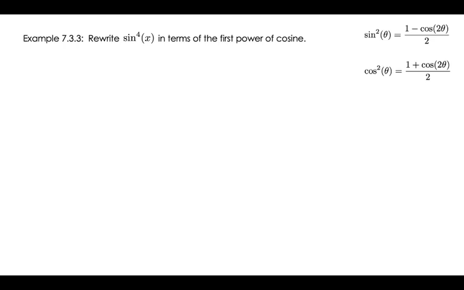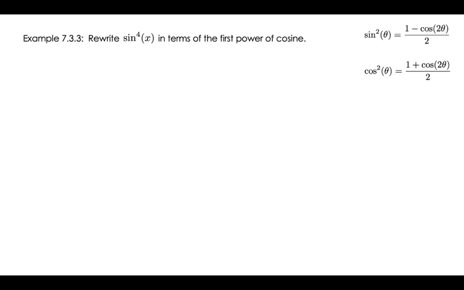All right, and the formulas that we just got on the previous slide are for sine squared and cosine squared. I have sine to the fourth, so I'm going to have to rewrite sine to the fourth as sine squared times sine squared. You could also write that as sine squared in a big set of brackets, squared, either way. Okay, but I have a formula for a sine squared, it's written as sine squared theta over here, so I'm going to think of this as sine squared x.